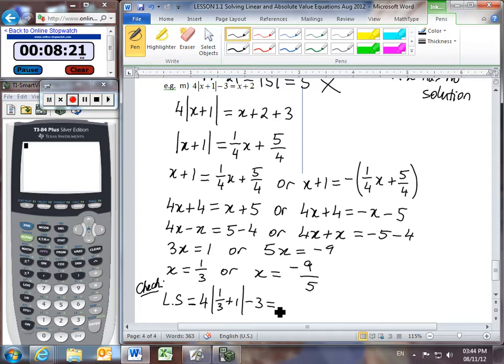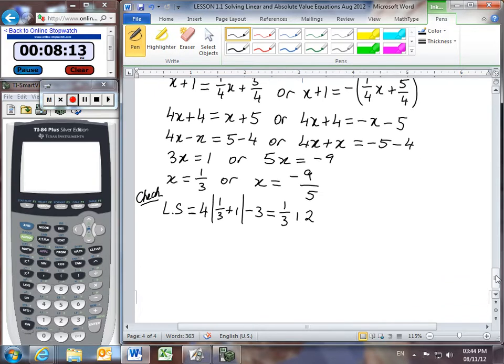Oops, I just realized I've done something a bit silly. I wanted to write down only my left-hand side. And then my right-hand side I'm going to write down separately as x plus 2, which in our case is 1/3 plus 2.